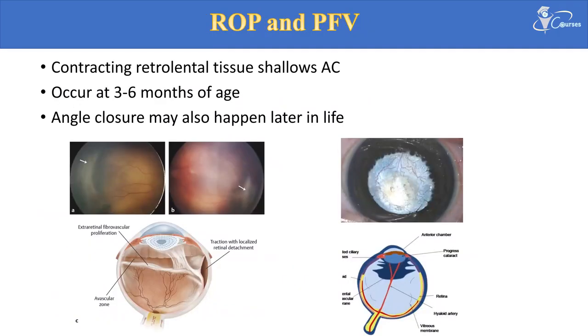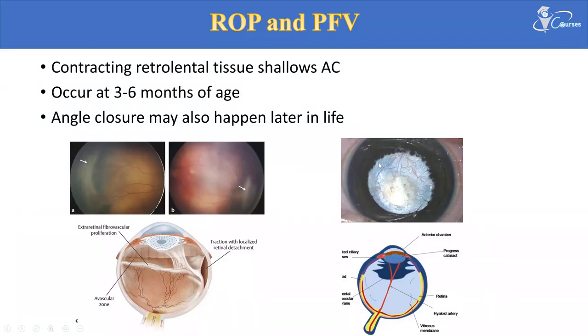Another cause of angle closure is retinopathy of prematurity and persistent fetal vasculature. Those patients will have contracted retrolental tissue. This retrolental tissue will cause shallowness of the anterior chamber. You see the contraction here in the persistent fetal vasculature. It will cause elongated, prominent ciliary processes.